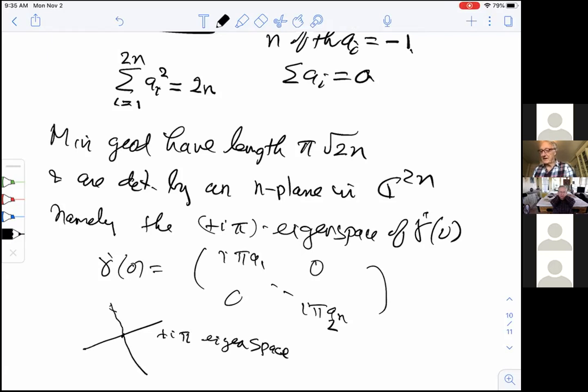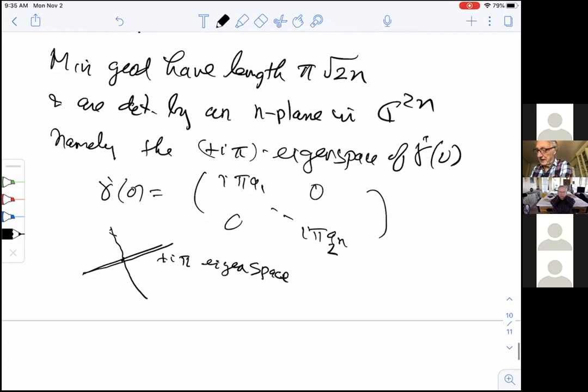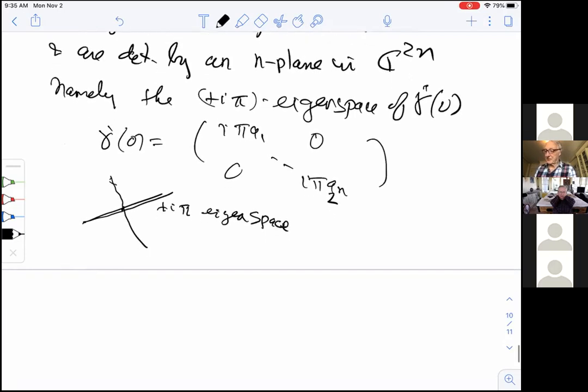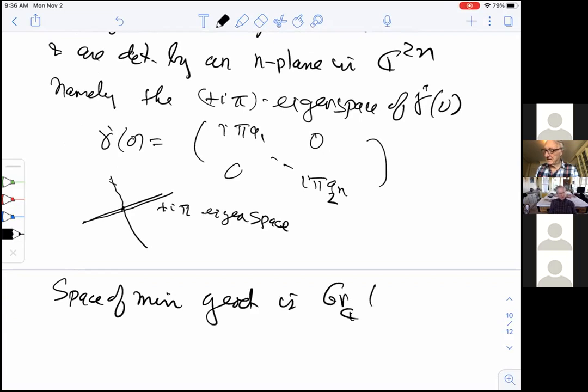But in general, I can conjugate gamma by any unitary transformation, and therefore I can move the plus eigenspace into any n-dimensional subspace. The minus eigenspace will simply be the orthogonal complement. So the space of minimal geodesics is the Grassmannian of n-planes in 2n space. This is what plays the role of the equator in S^(n+1).